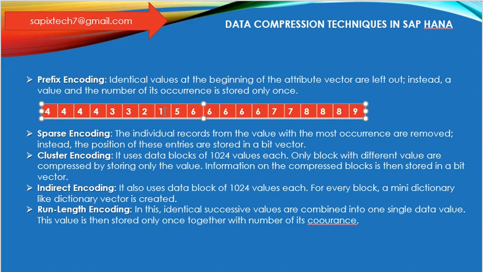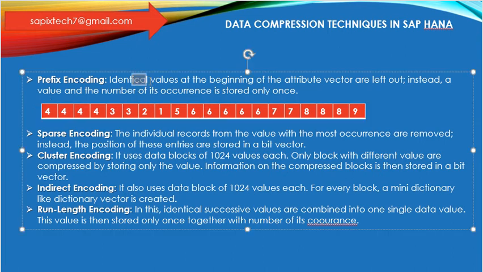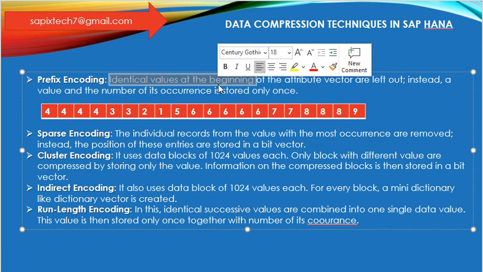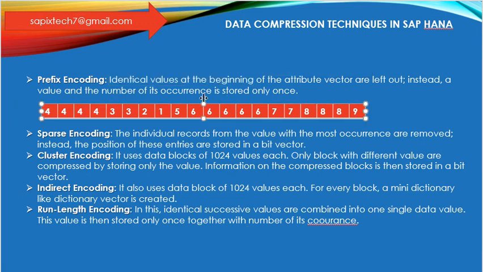In main memory. So how does prefix encoding actually work? Prefix encoding says identical values at the beginning of the attribute vector are left out. Instead, a value and the number of its occurrences is stored only once.